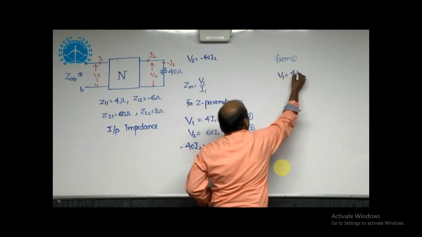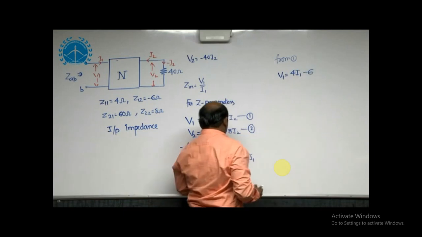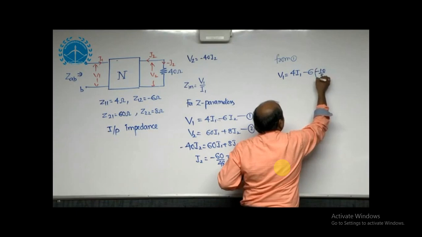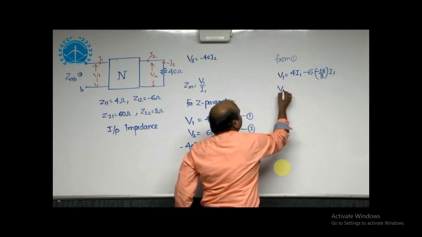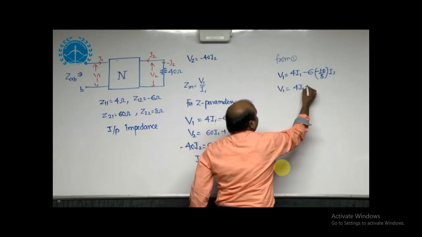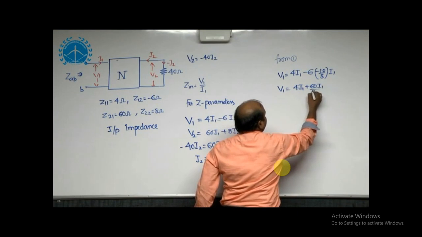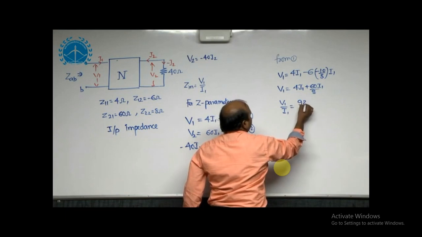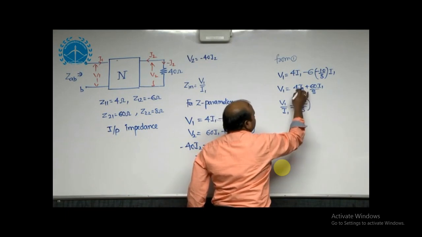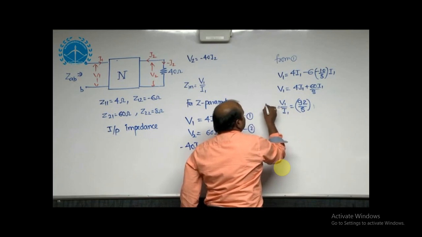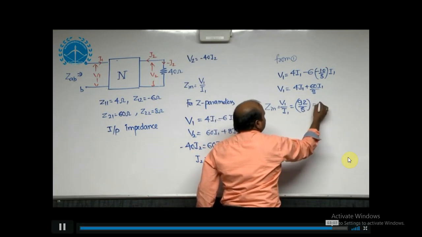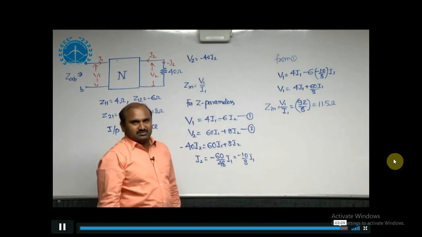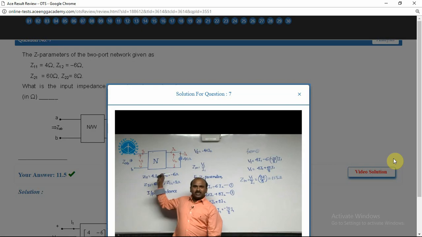V1 is equal to 4I1 minus 6 times I2, where I take I2 as minus 10 by 8 times I1. With this, V1 is equal to 4I1 plus 60 I1 by 8. From this, V1 by I1 is 92 by 8, that is 32 plus 60. This is Zin, the input impedance, which is equal to 11.5 ohms. This is the input impedance of the given two-port network when the load is connected.